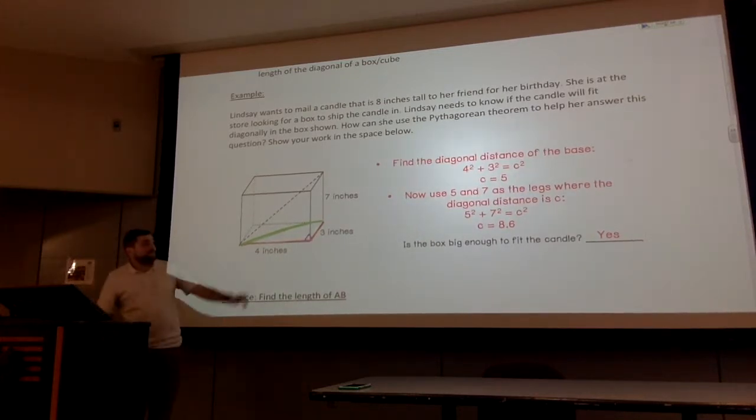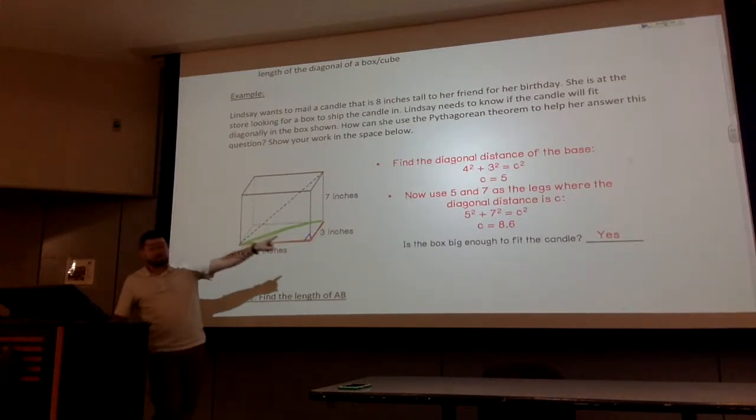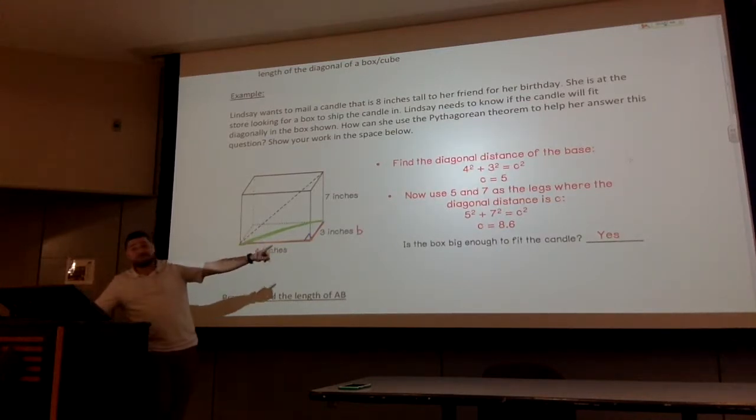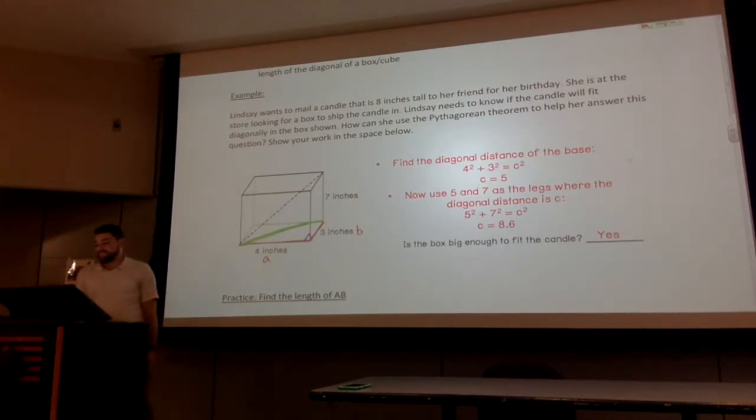So we take the length of our two sides and square them, and we consider this side to be A and this side to be B. Then we solve for C, which equals 5. So now that tells us that this length is going to be equal to 5 inches.